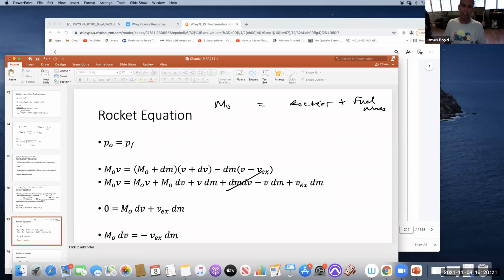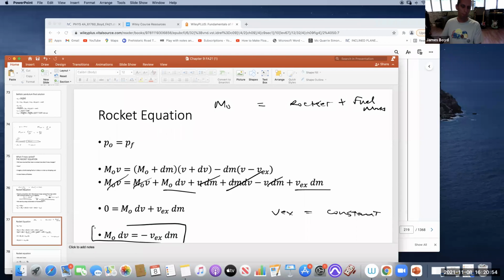Something very, very tiny times something very, very tiny is something extraordinarily tiny. So we say that's zero. This term and this term are positive and negative, they cancel. And we have this term and this term cancel. So what we're left with is 0 equals m naught dv plus v exhaust dm. We're going to assume the velocity of the exhaust is a constant amount. And we get this very nice equation.